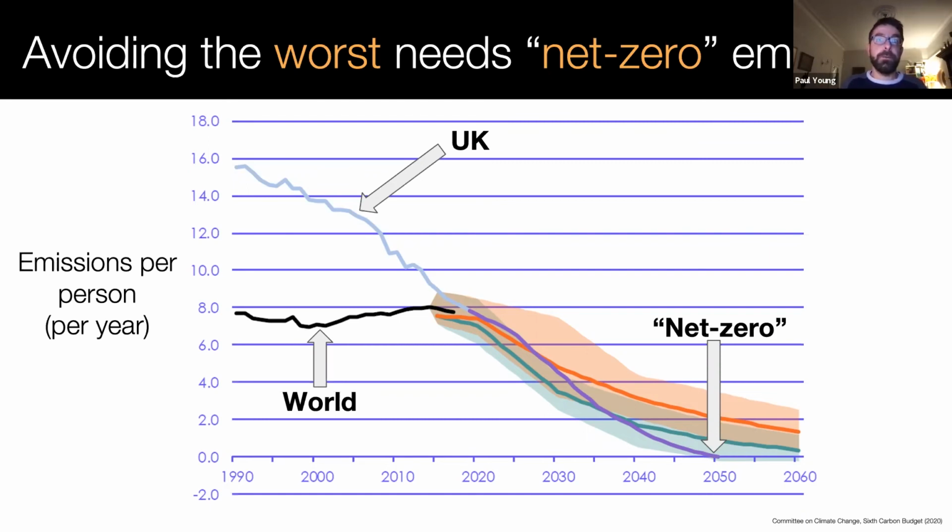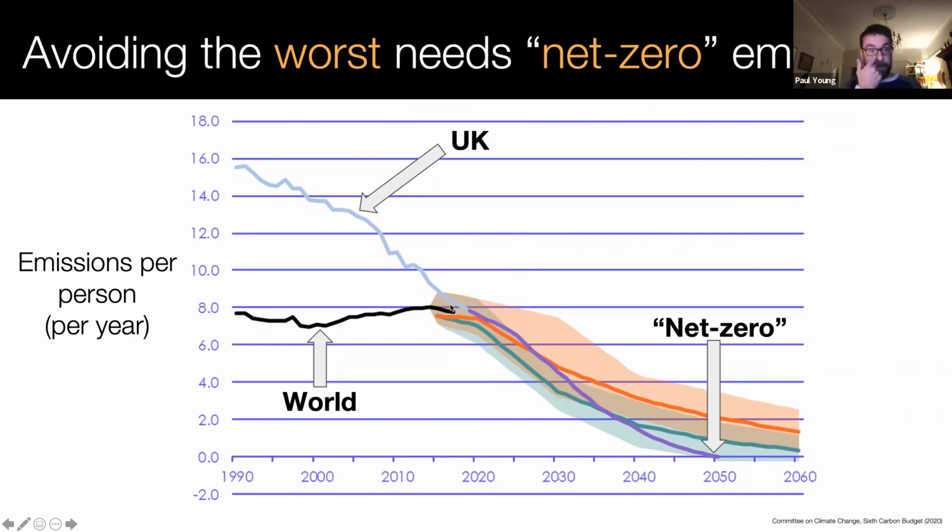The UK has done pretty well in the last 2 or 3 decades, as you can see from this light blue line here. This is emissions per person per year, so that we can compare ourselves with the rest of the world.